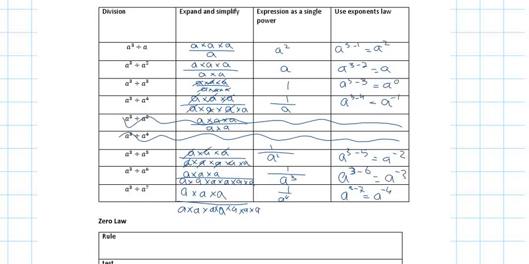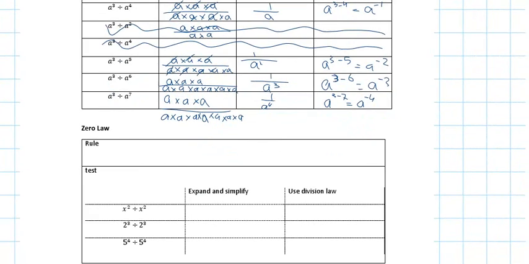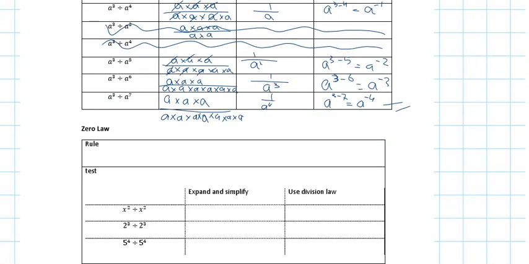So what happens here is whenever you have a negative exponent, you can flip the base and make your exponent positive. So if you look at this, the base right here is 1.